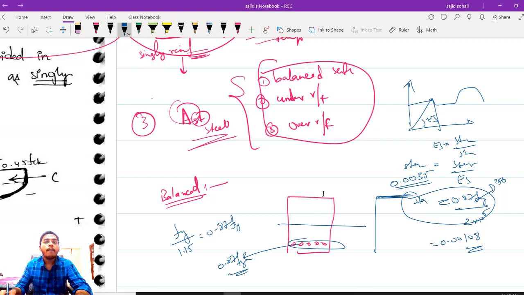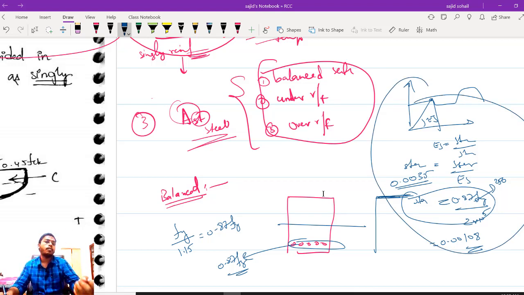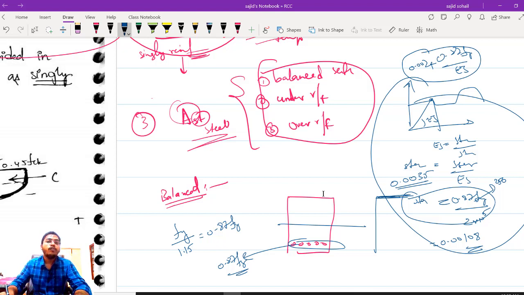If you are talking about HYSD, high yield strength steel, we have to add to this 0.87 Fy by Es the proof strain value. Proof strain value कितना? 0.002. So this will be that. If you substitute Fy as 415, you will get 0.0038.